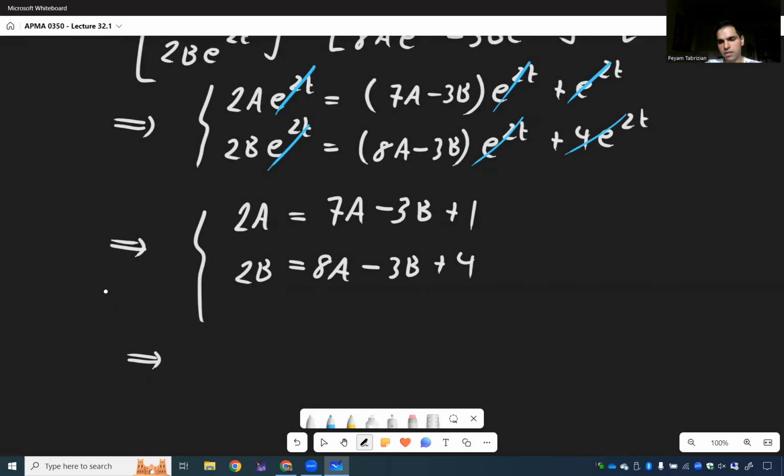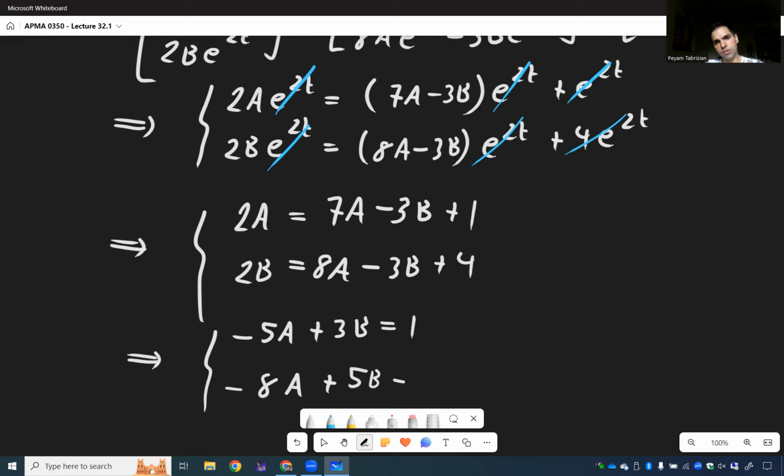So this becomes minus 5a plus 3b equals 1, and minus 8a plus 5b equals 4. And you can solve this with your favorite method. You can use Gaussian elimination or just do it directly, and then you will eventually find that a is 7 and b is 12.